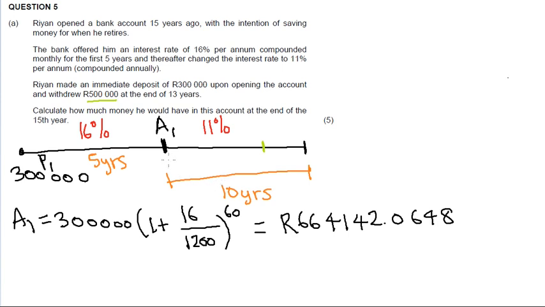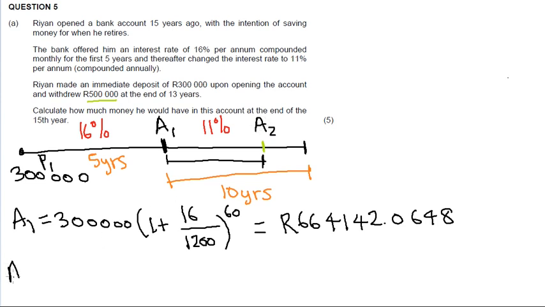Now what we can do is grow the money for a further 8 years until the point where he makes the withdrawal, but now the interest rate changes to 11% per annum compounded yearly. So I'm going to call that amount A2.